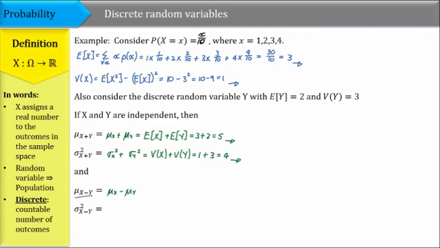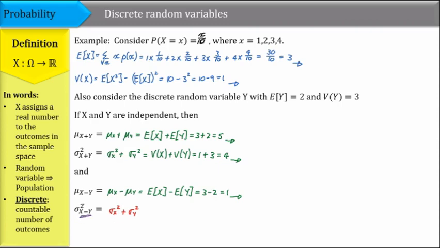Next is the mean of the difference of x and y, which is simply equal to the mean of x minus the mean of y. So the mean of x, which is equal to 3, we subtract the mean of y, which is 2, and that gives us 1. Then lastly, you'll see that it's in red because it's very important to note.